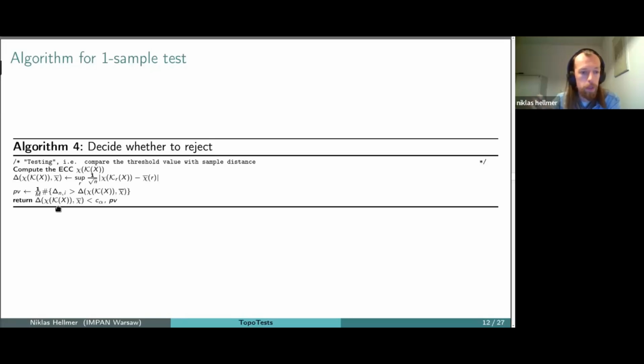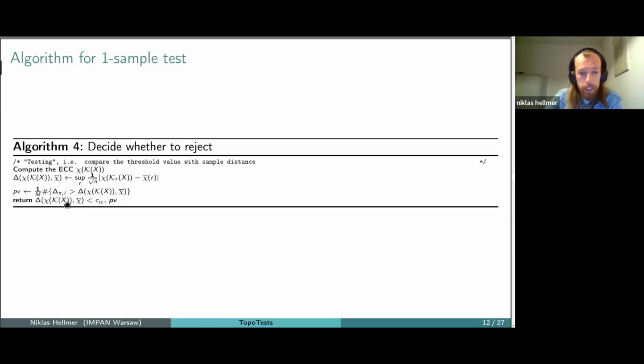And then we return whether this test statistic we have just computed is less than the critical threshold. So that would mean we accept or do not reject the hypothesis. And we also return the p-value.